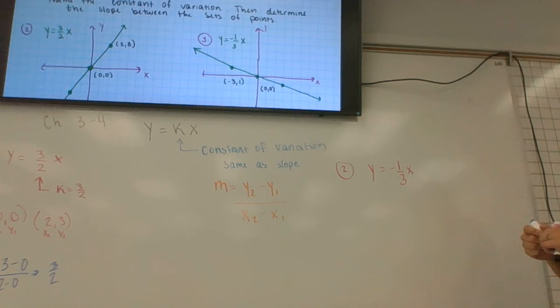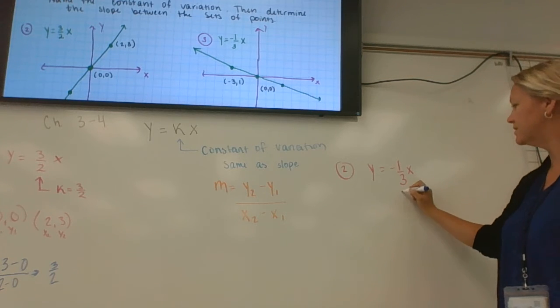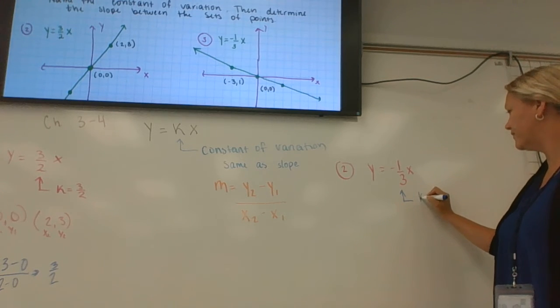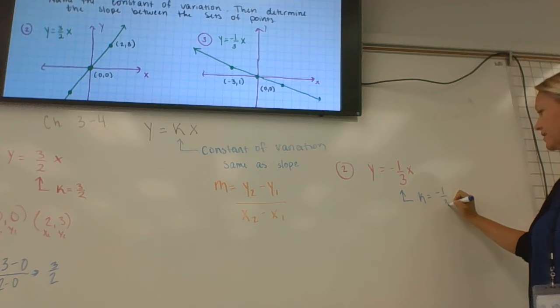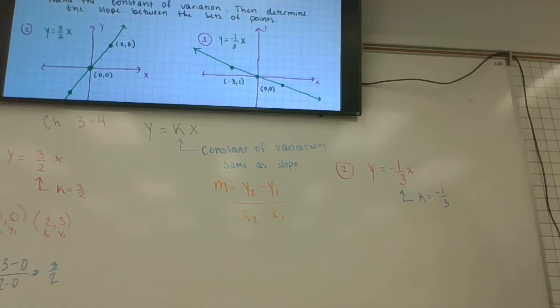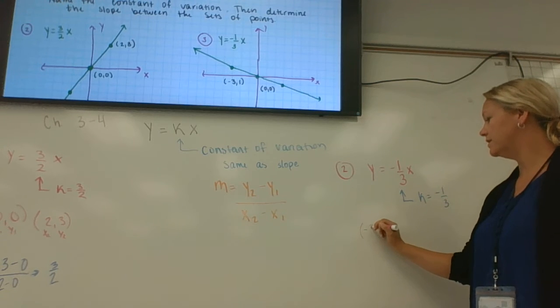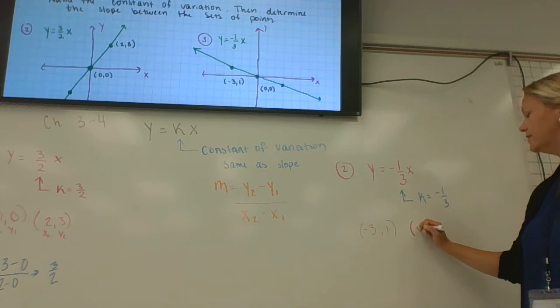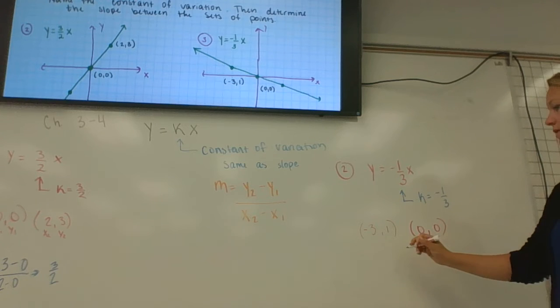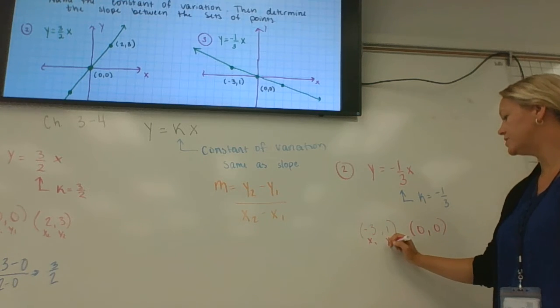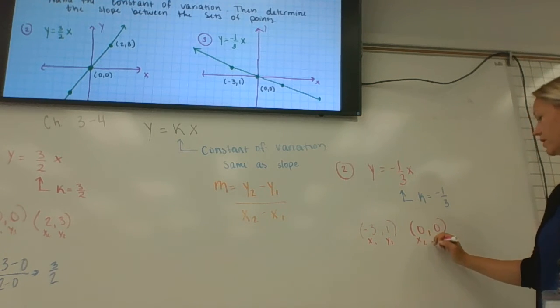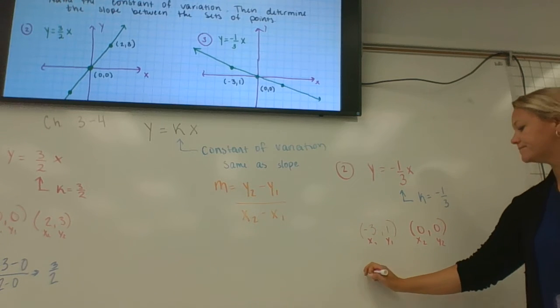The number in front of x, we're going to call it k in direct variation, -1/3, and then I'm going to prove that with the formula. First point is -3, 1. Second point, 0, 0. All direct variation equations go through 0, 0.